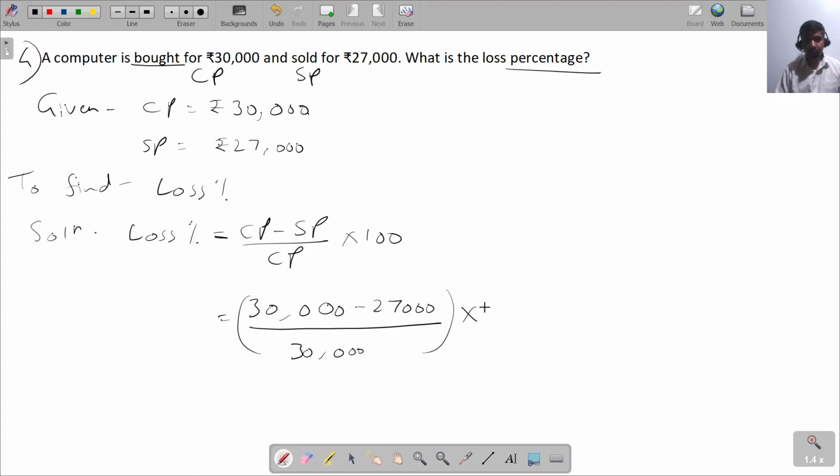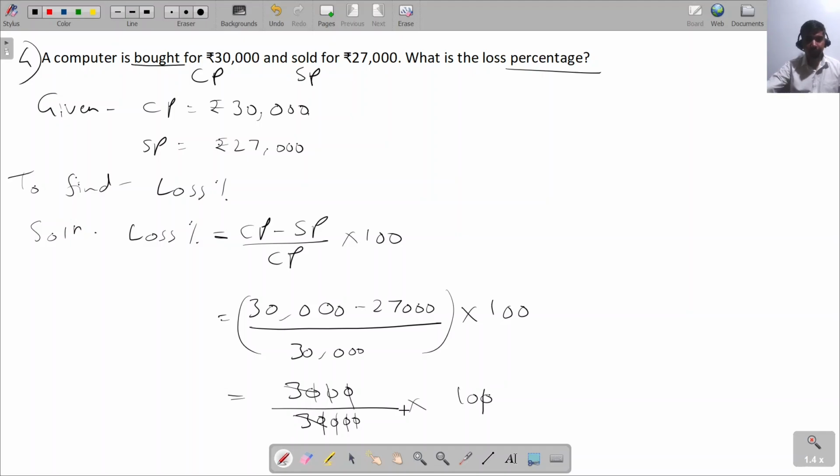Put bracket so you will not be confused. So over here, you will have a loss of 3,000. 3,000 का लॉस हो रहा है. ठीक है. Cancel, cancel.